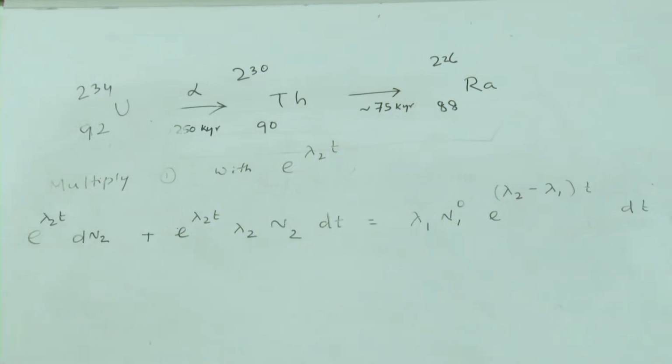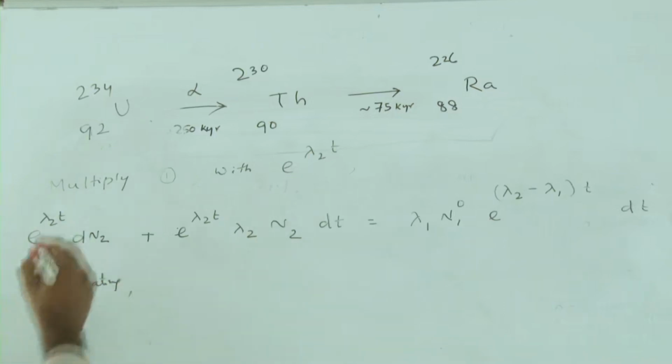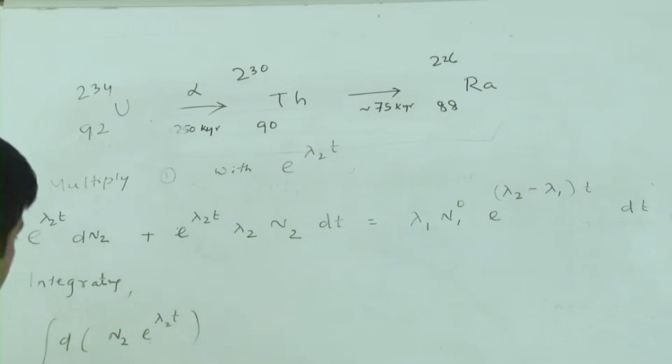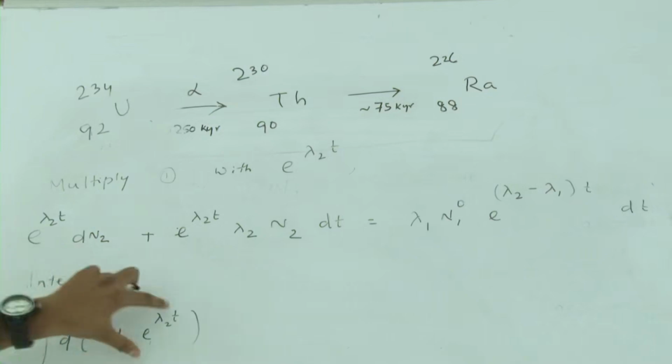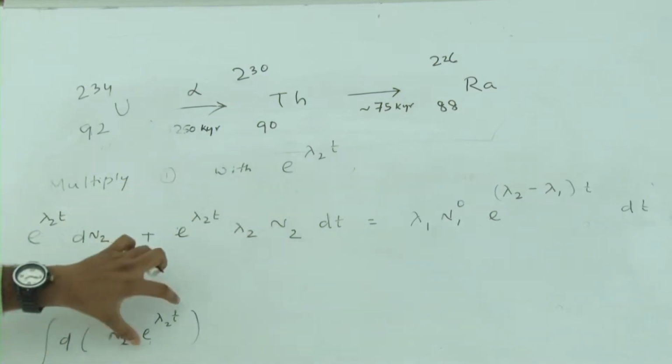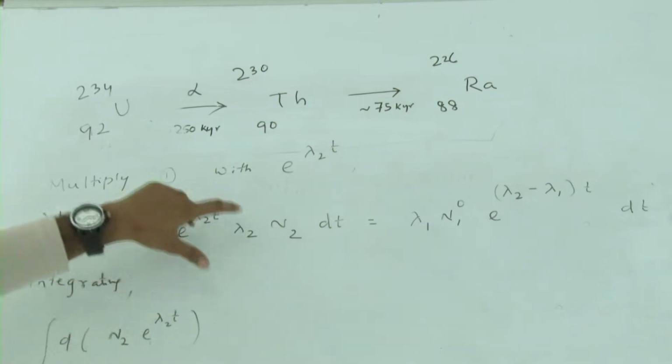So, if you try to integrate this, this will come as d of N2 e to the power lambda 2 t, if you look at it carefully. This is a derivative of N2 e to the power lambda 2 t: N2 as it is, and if you differentiate e to the power lambda 2 t you get lambda 2.